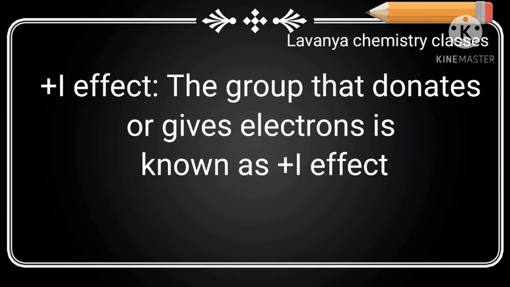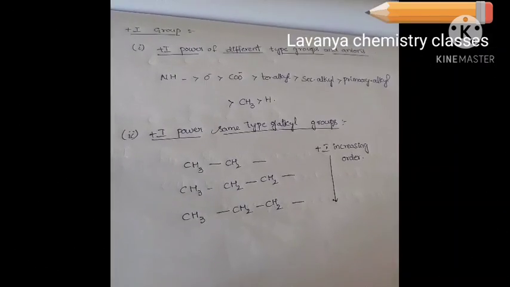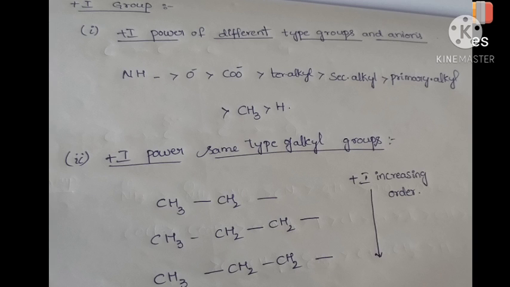And the next one is the plus I group. Plus I group means positive inductive effect. The group that donates or gives electrons is known as a plus I group, and its effect is known as plus I effect. The plus I groups are actually alkyl groups, and O minus and COO minus are plus I groups.